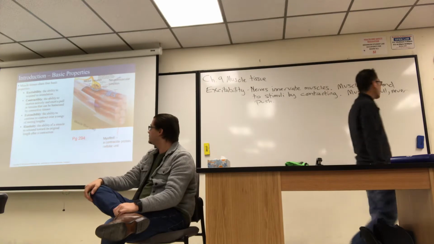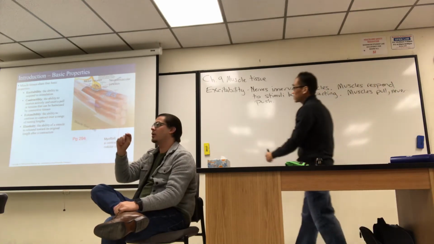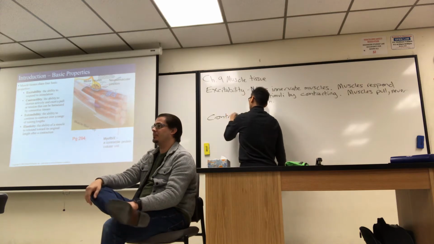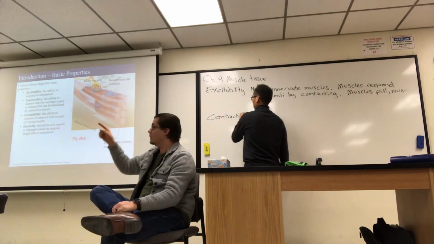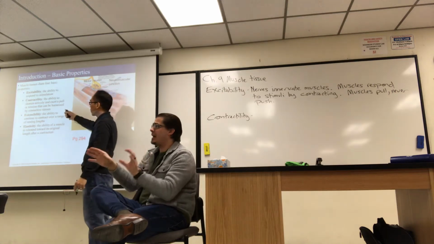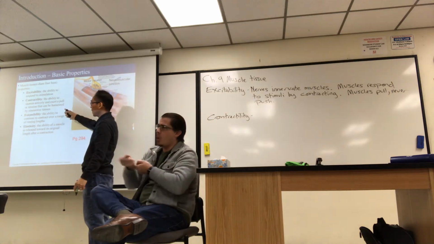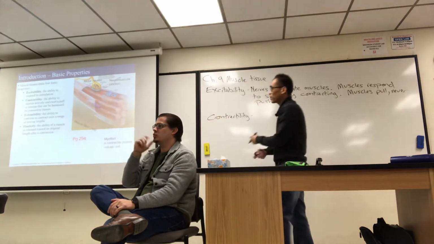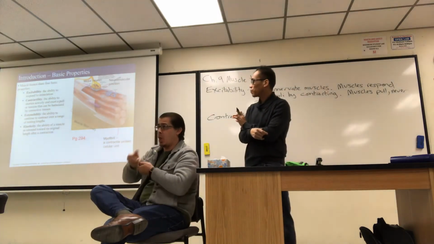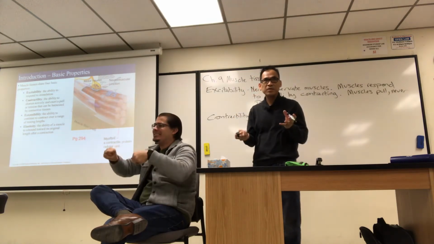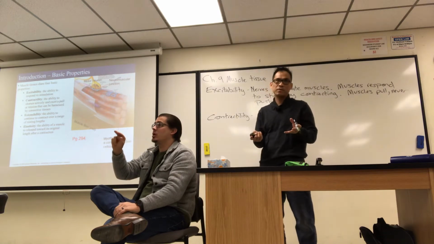All right, the next word is contractility. The ability to shorten actively and exert a pull or tension that can be harnessed by connective tissues. Some things there. I already said that muscles pull, they never push. The key word is tension. If you haven't had physics, you should know that tension is a pulling force.